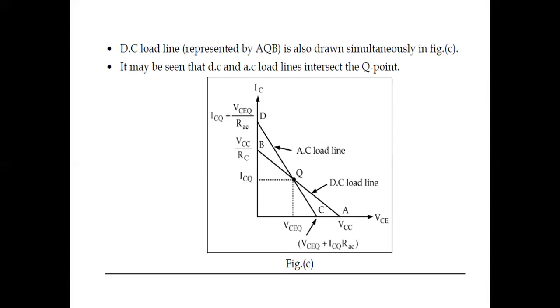Coming to point D, it represents 0 comma IC, where IC is given as ICQ plus VCEQ by RAC. The AC load line is a line drawn between points C and D.